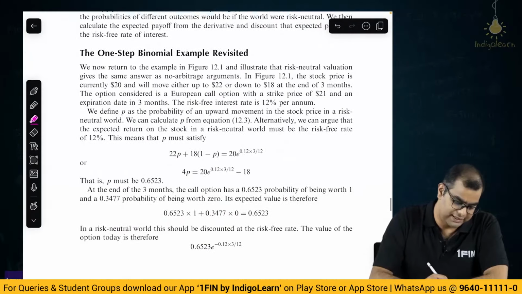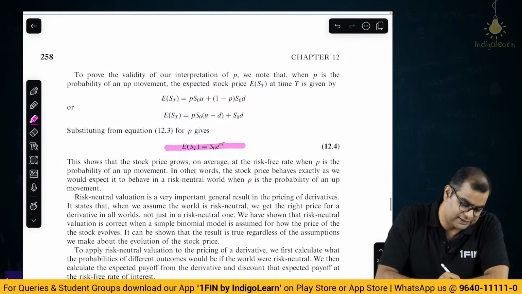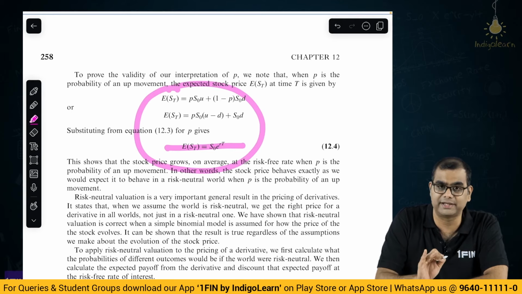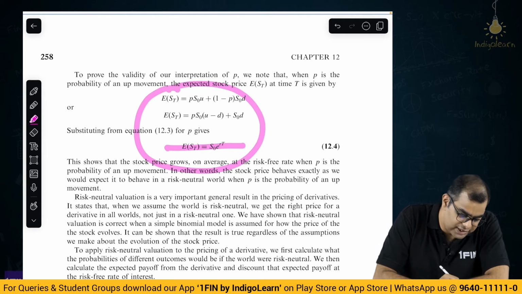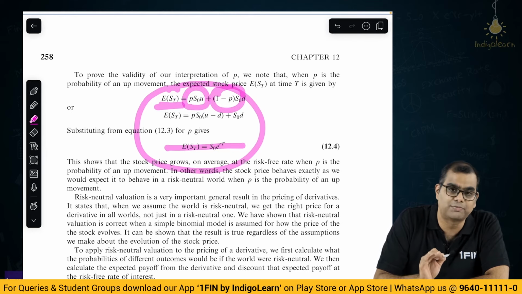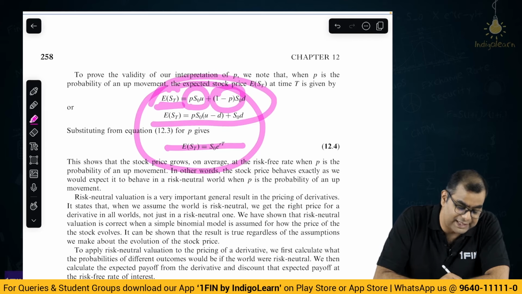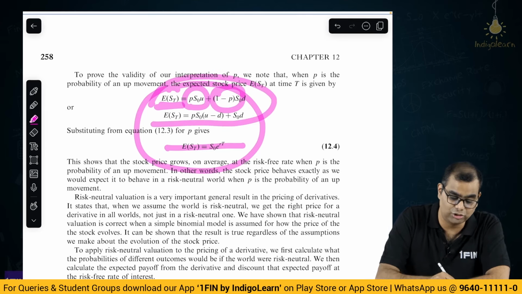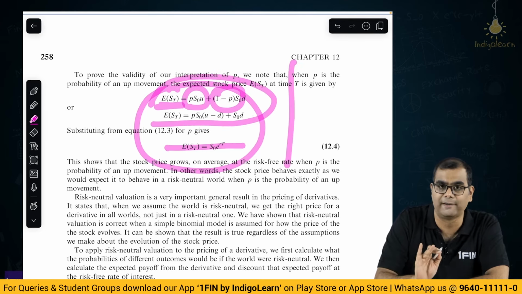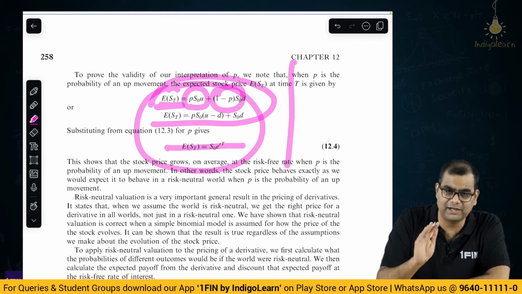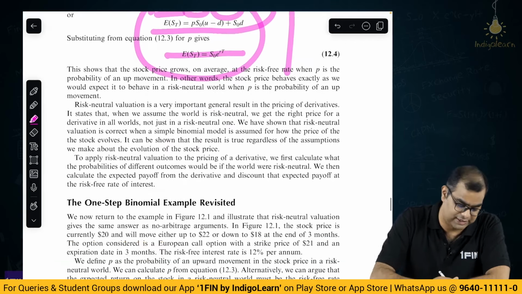So, they basically have said the same thing we discussed in the CA material: the expected price of the stock in future is probability into up move, plus 1 minus probability into spot price into down move. They have done this entire thing. This is what is given in the CA Institute material. So, to that extent CA Institute is not wrong, but they have unnecessarily complicated it, and other authors also have done that. I will show you.